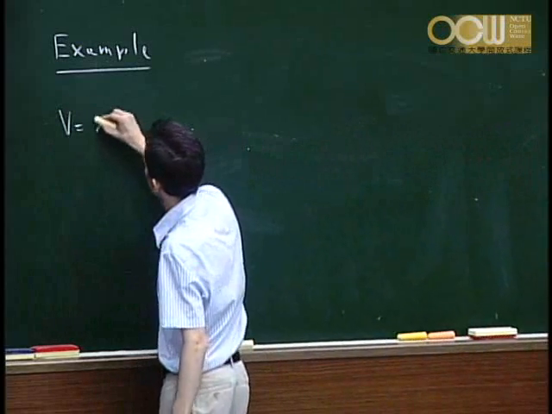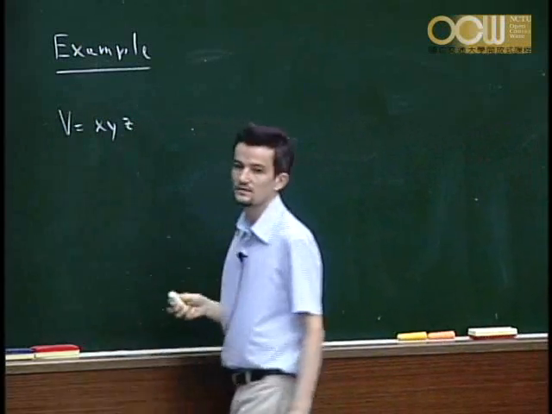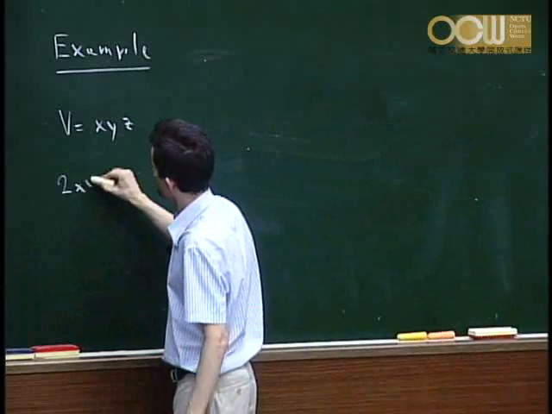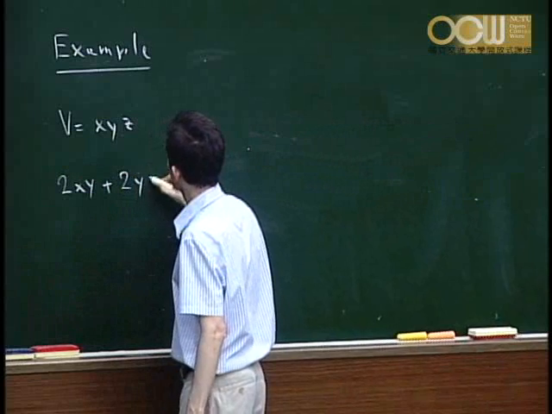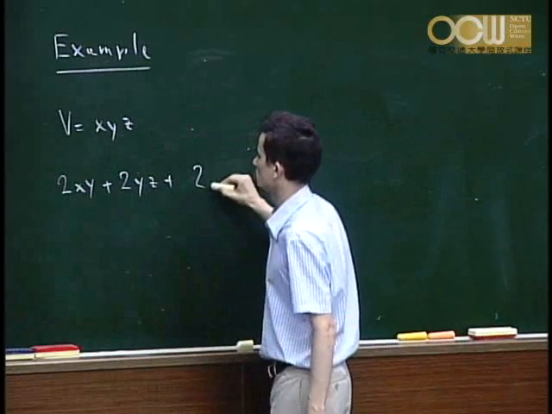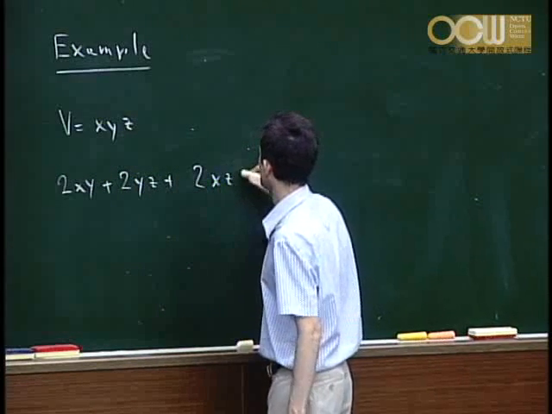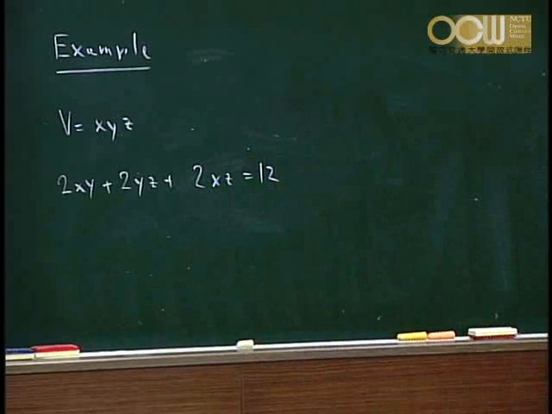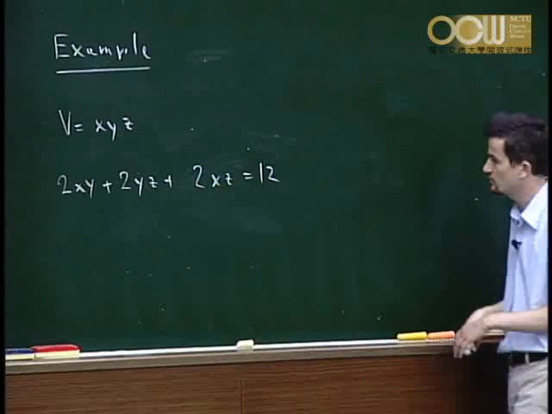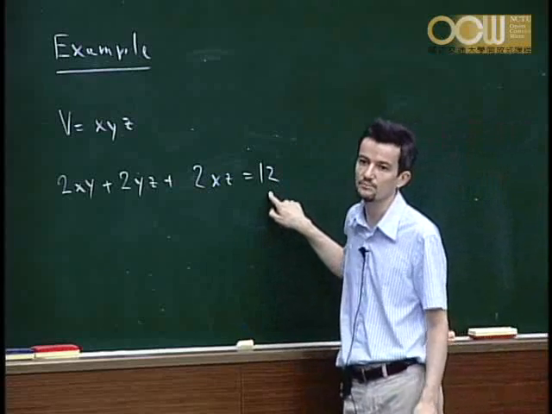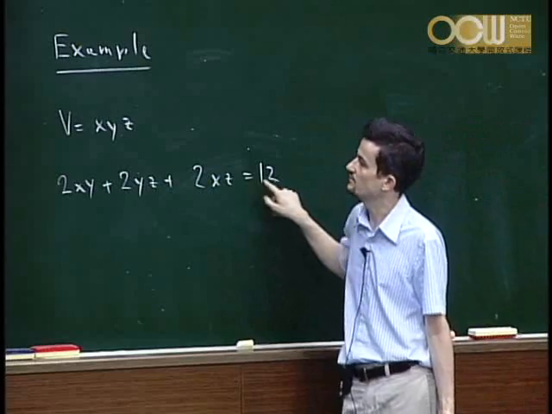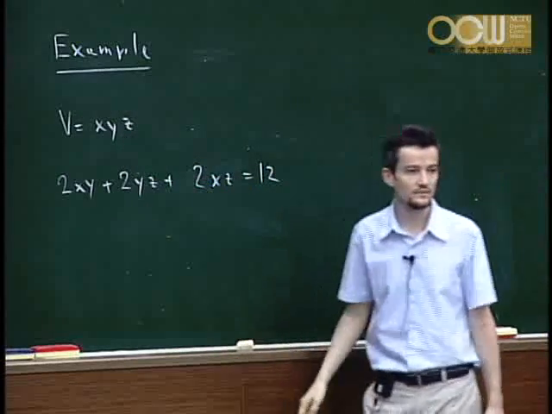Because the volume of such a box is x times y times z, and the surface area is 2xy plus 2yz plus 2xz is equal to 12, we have given this problem here. So once more, you have 12 square meter of cardboard. You want to make a box which has maximal volume.